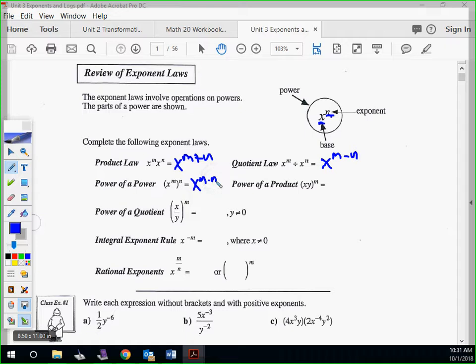Okay, power of a product. A lot of you are messing this up on your review. A couple of you messed up on the Unit 1 review. Power of a product: how does the exponent distribute? It goes to both. It has to be x^m times y^m. A lot of you are just hitting the variable, not the number. Power of a quotient, how does that work?